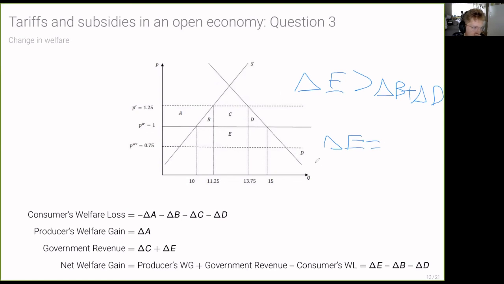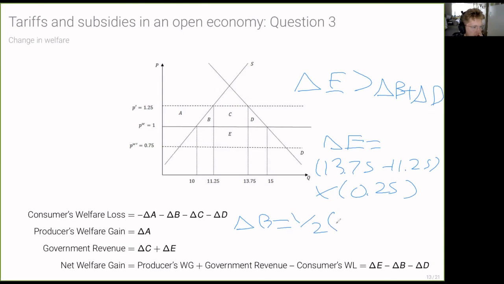It's a rectangle, so we're just going to take the size of the base times the height, which is just going to be 0.25. What's the area of B? It's going to be half times the base, which is just going to be 1.25 here, times its height. That's going to be 1/4 or 0.25.